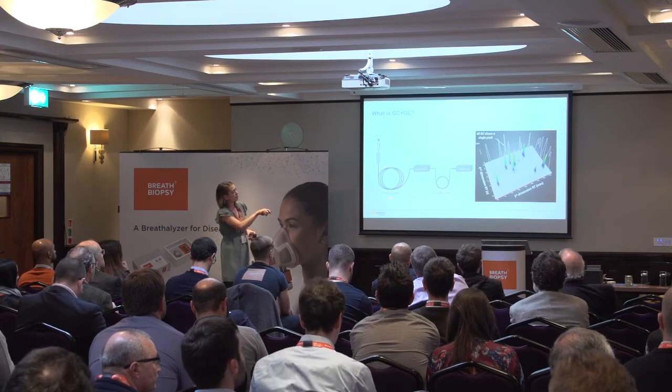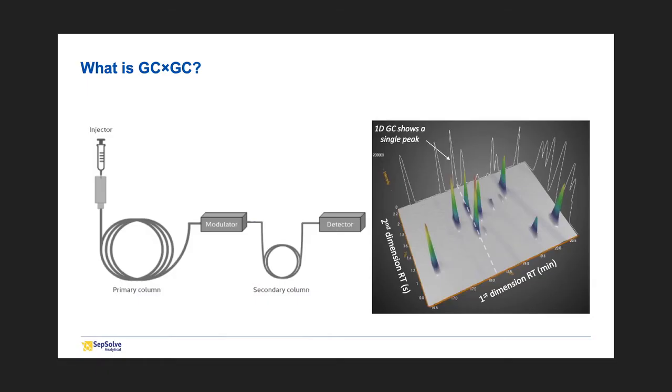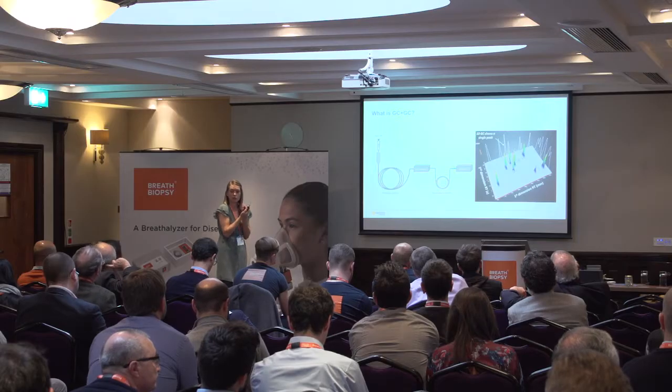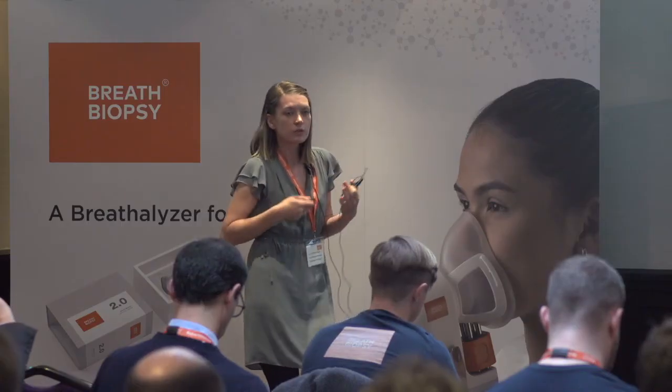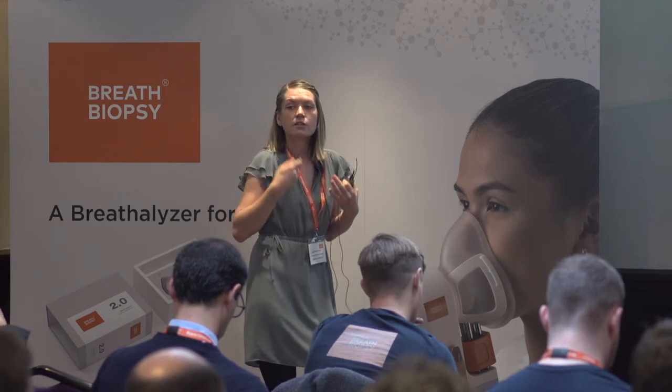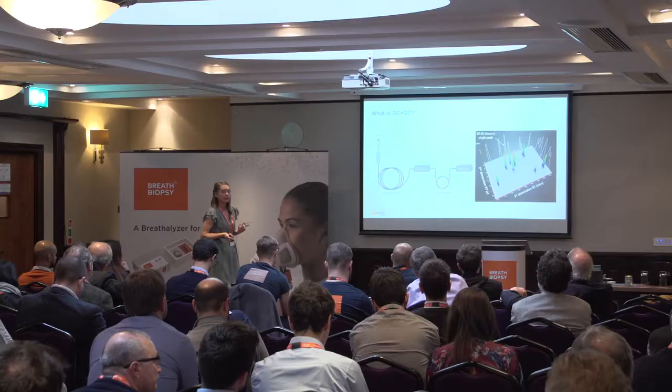So instead of having one column with one stationary phase to separate your sample, in GC×GC you have two. So instead of getting one peak separated out here, you can see that in the GC×GC plot, we have two peaks that would have perfectly correlated in a one-dimensional separation. But by separating them out, you can get cleaner spectra to be more confident about identification.